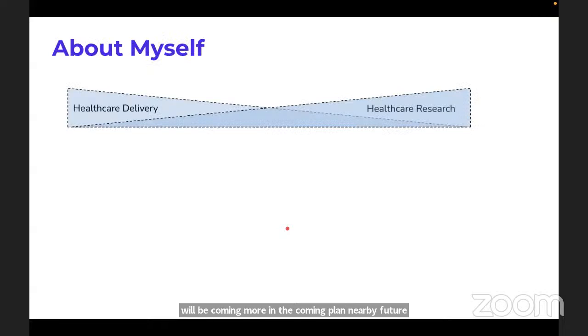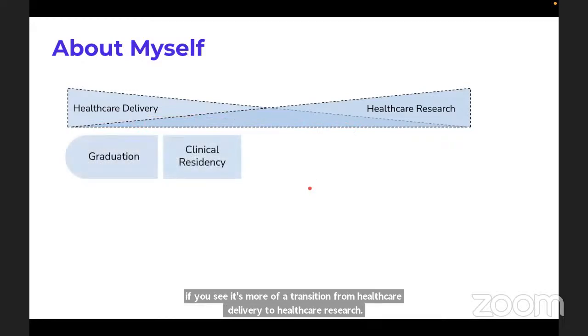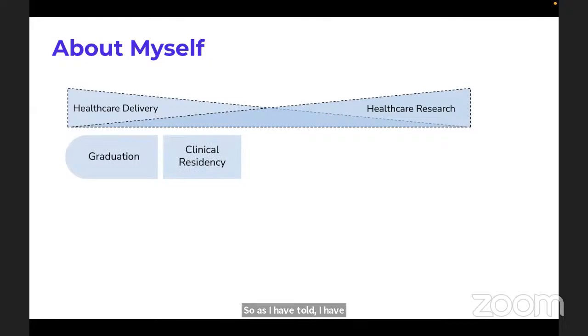Starting with this, this has been my journey. It's more of a transition from healthcare delivery to healthcare research. As I have told, I graduated in MBBS, and afterwards I did my clinical residency. It's more of a physician kind of role where I used to treat and attend to patients.